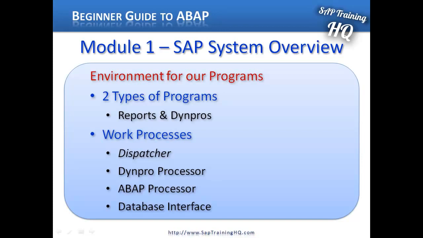It's the work process that executes an application, and it's the work process that has access to the memory areas that contain all the data and objects that an application uses. It also makes three very important elements available. The first one is the dynpro processor. All dynpro programs have flow and processing logic, and it's the dynpro processor's job to handle the actual flow logic itself.